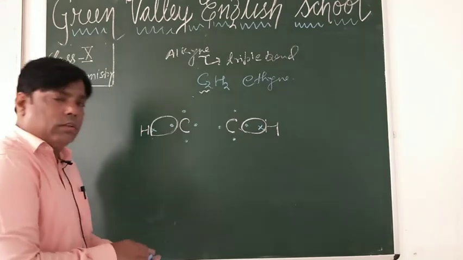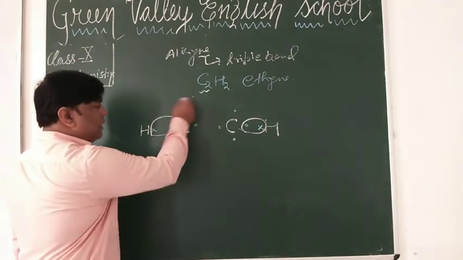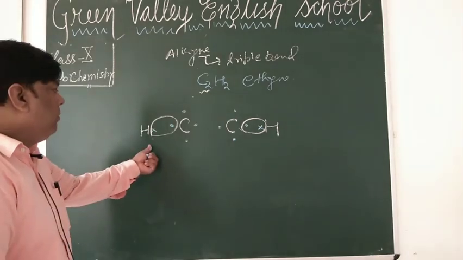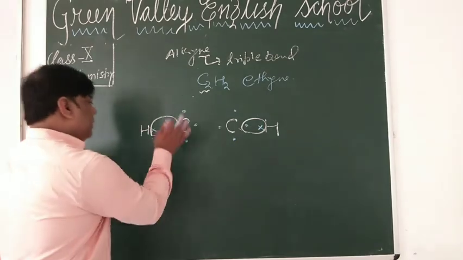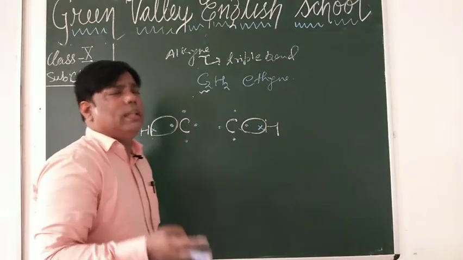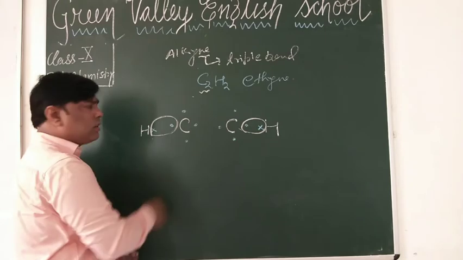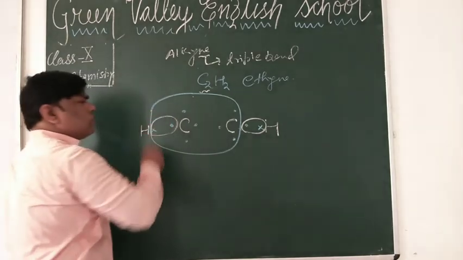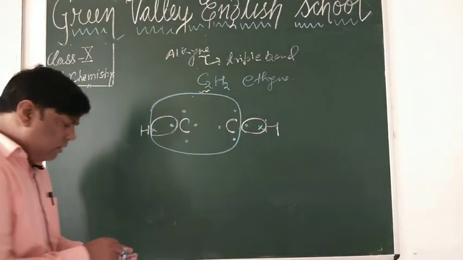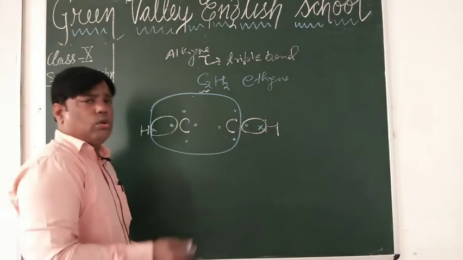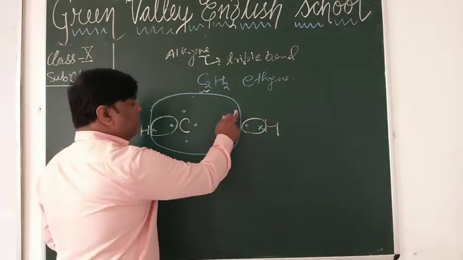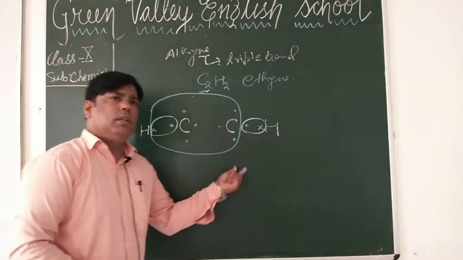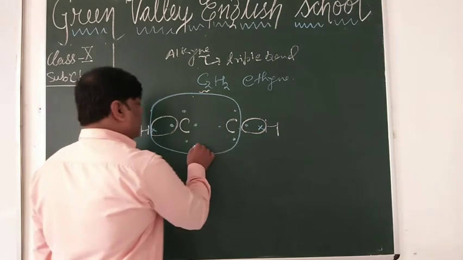Now it's carbon's turn. For carbon, there are 4 electrons of carbon and 1 from hydrogen. This carbon atom needs 3 more electrons to complete its octet. So it will take these 3 electrons to complete its octet. Similarly, this carbon atom is surrounded by 1, 2, 3, 4 and 5 electrons. This carbon needs 3 more electrons to complete its octet.